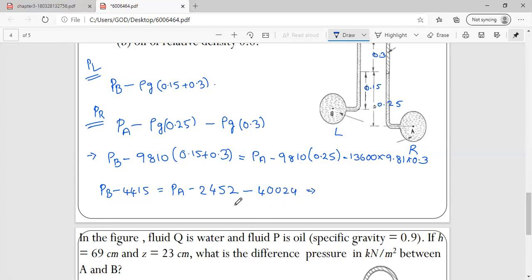From this I can write the pressure in the B limb minus the pressure in the A limb. Taking PA to that side and this value to this side, it comes out to be 2,452 plus 40024 minus 4415, which is minus 38,061 newton per meter square.